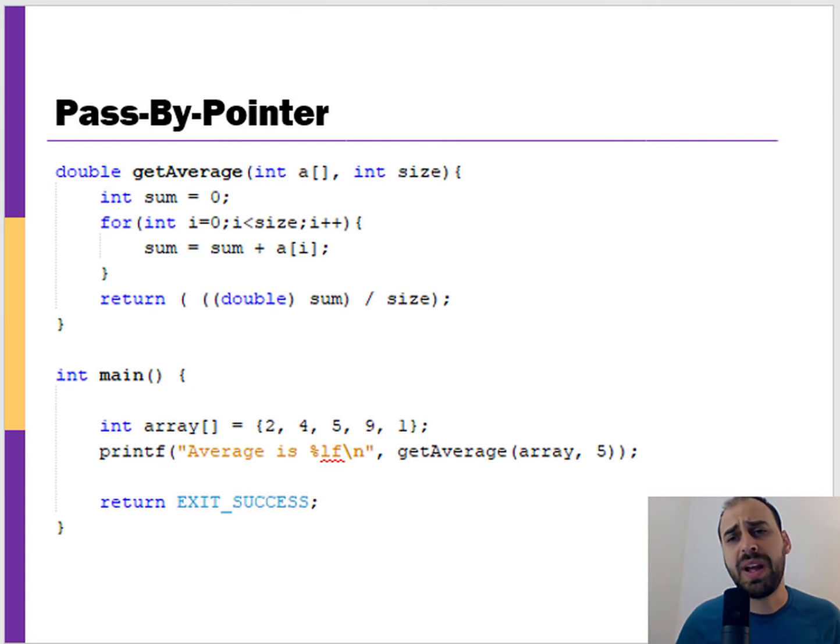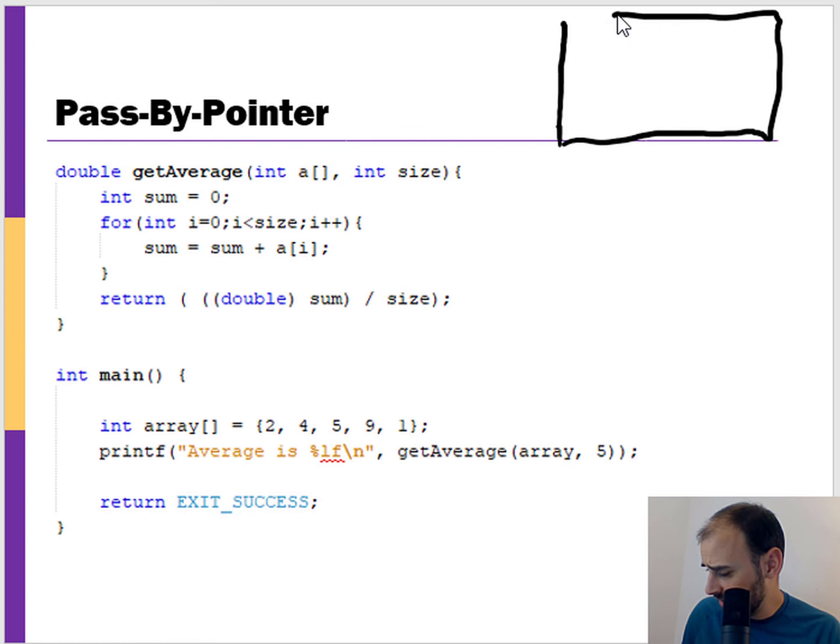Let's look at this example. We have a function called getAverage, and it does what you would expect. It calculates the average of an array. Let's draw what's going on in memory here. Let's talk about our main function scope first.